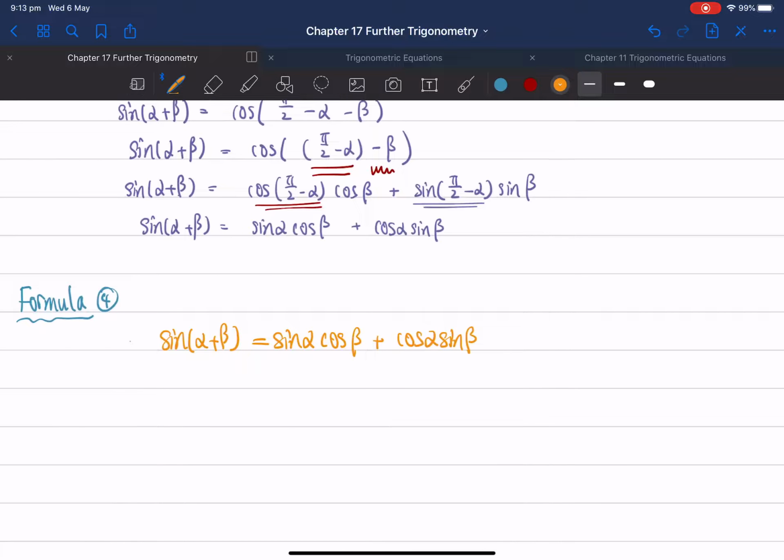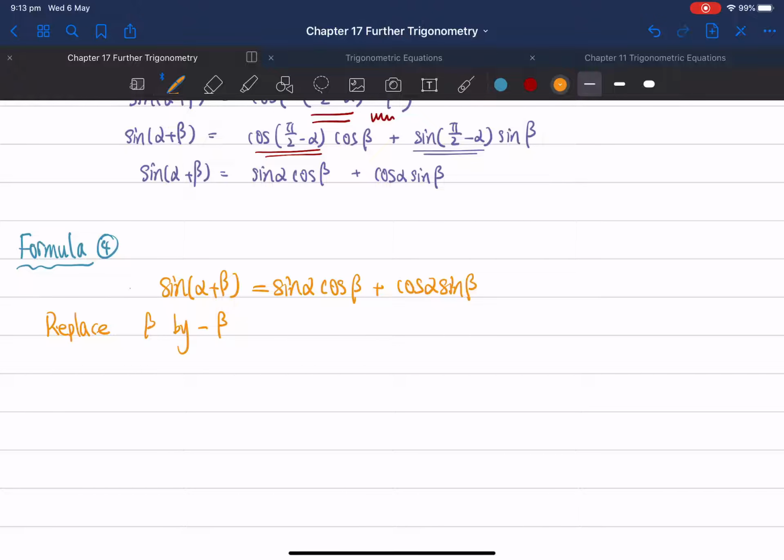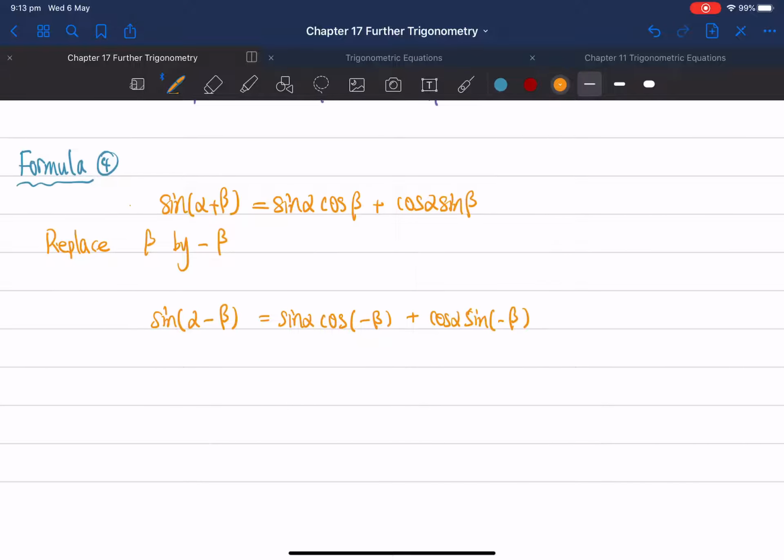And then we're going to replace beta by negative beta, the same thing we did before. All right, so we're going to get sine alpha minus beta. As you can see, I hope you realize what I'm doing right now. I'm just replacing that by negative beta, so we can get this second sine compound angle formula.